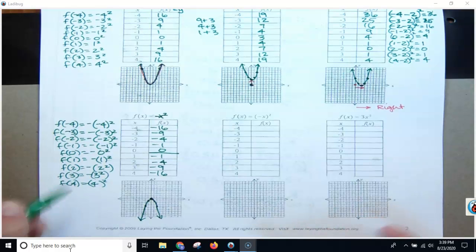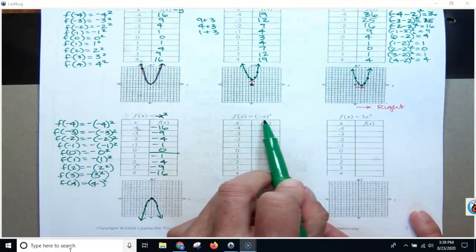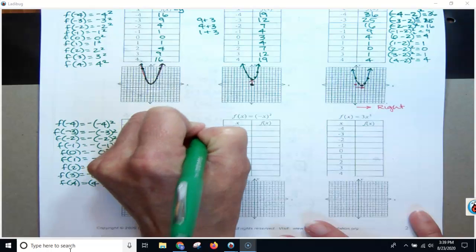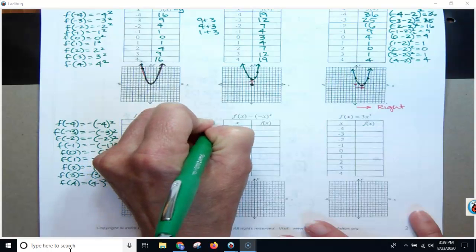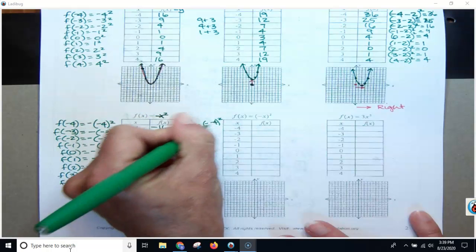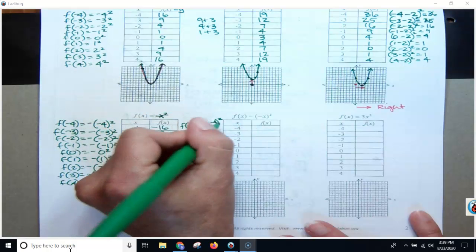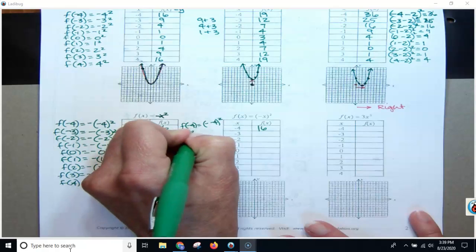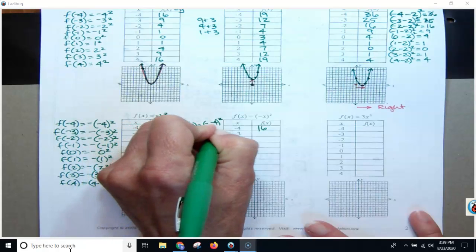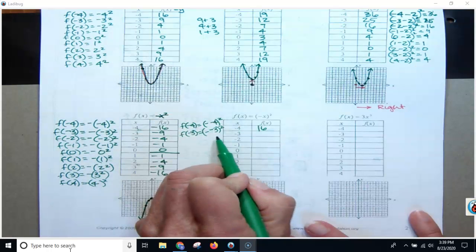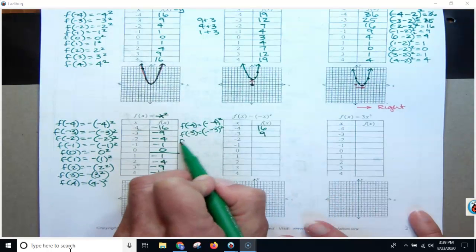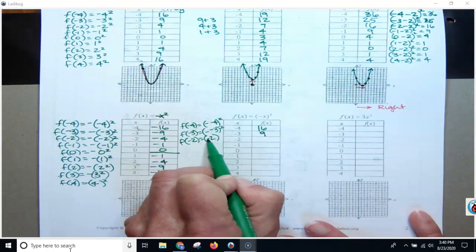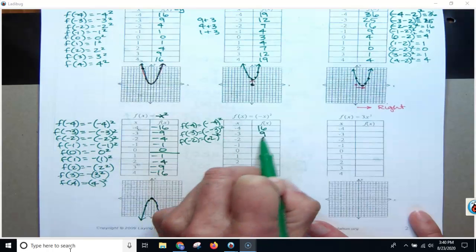Okay? Moving on, what if the parentheses is inside? Well, that's a different story because now we've got f of negative 4 equals negative 4 squared. That becomes actually positive 4 squared, which is 16. F of negative 3 is negative 3 squared. This becomes positive 3 squared, which is 9. F of negative 2, negative 2 squared, is going to be positive 4.